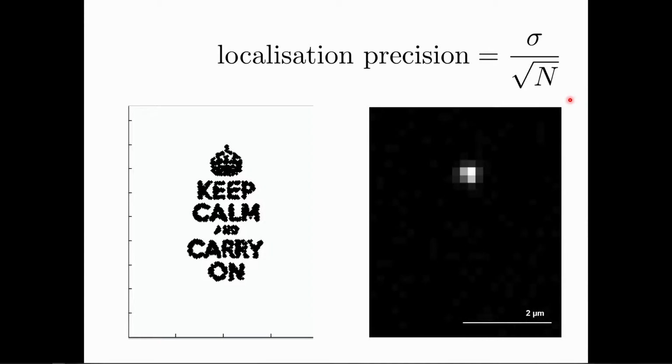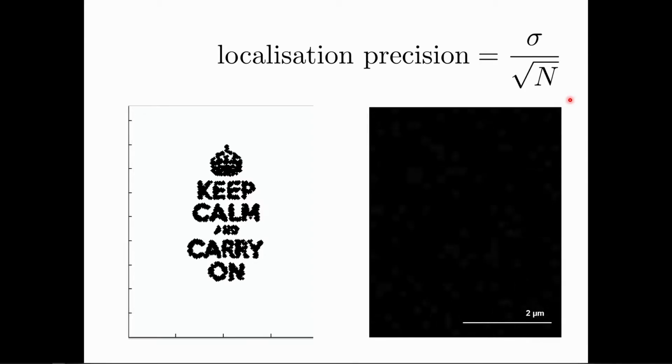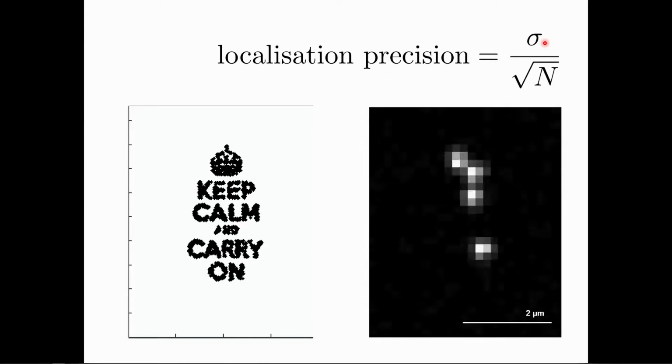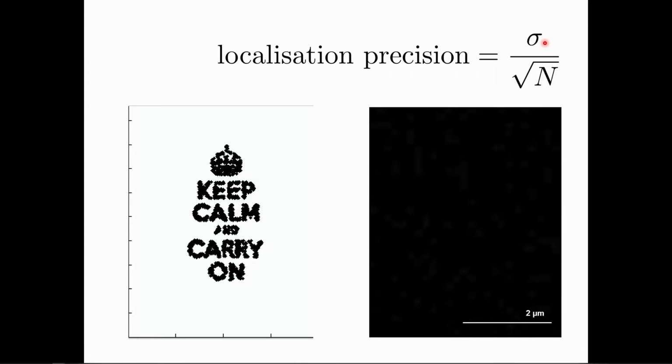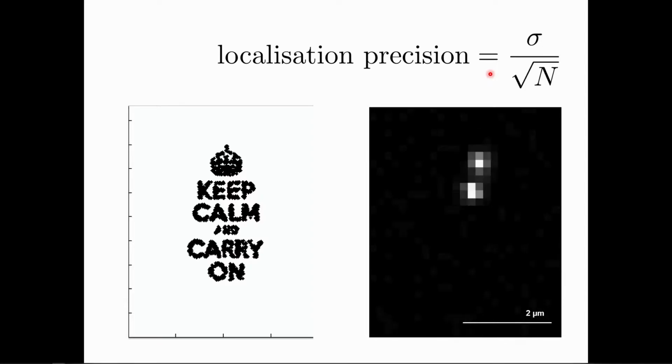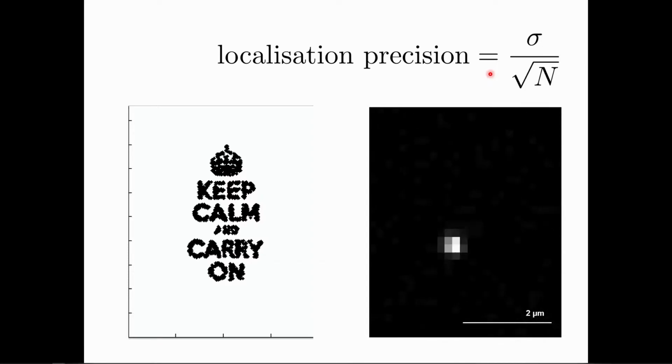And the localization precision is the width of the diffraction limited PSF, let's say 300 nanometers, divided by the square root of n, where n is the number of photons. So let's suppose I have 10,000 photons.